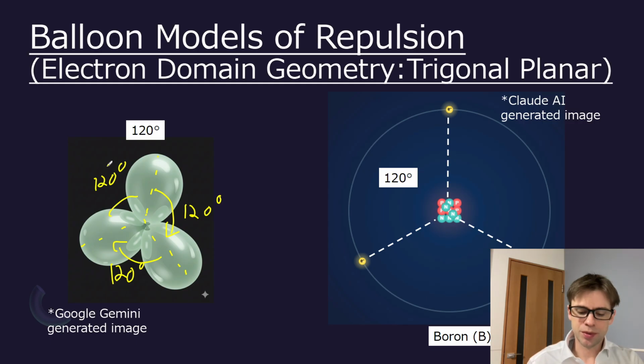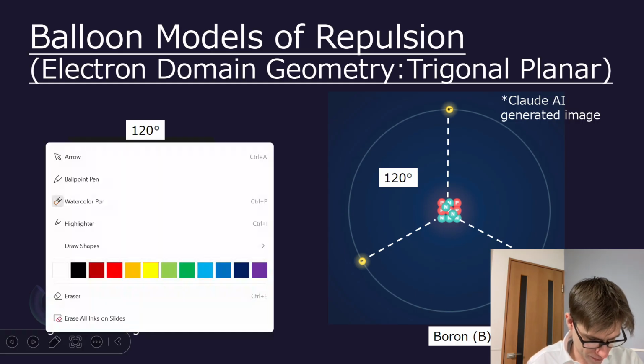So this geometry is known as trigonal planar. Trigonal kind of sounds like triangle. Planar is like plane. Mathematical definition of plane is a flat surface. So triangular flat surface, that's what you should think about, and you absolutely need to memorize this name, trigonal planar, for 3 electron domains. Okay, good.